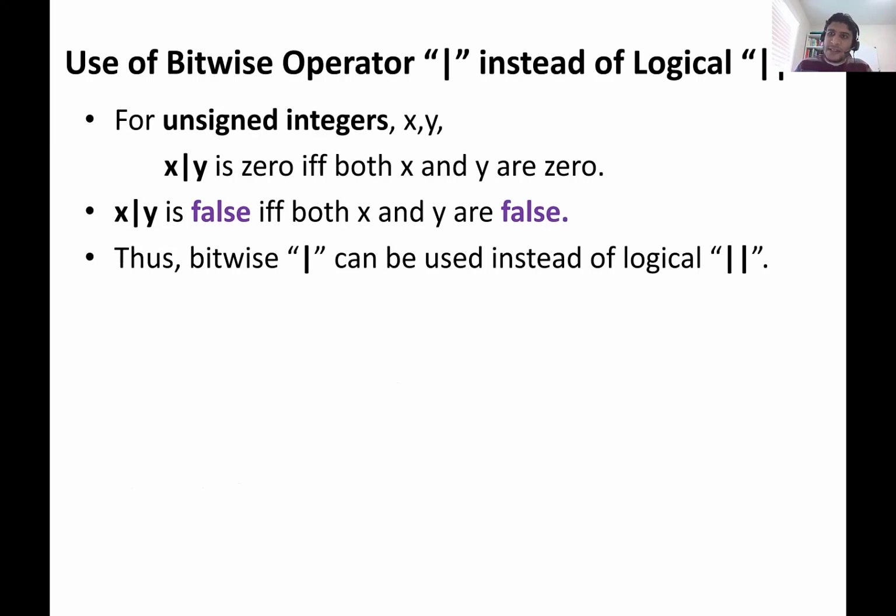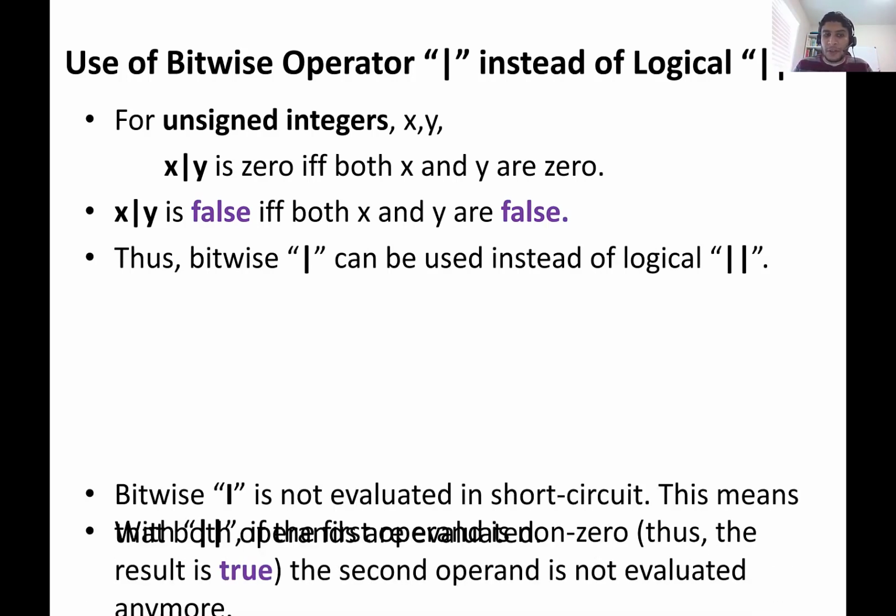Generally, because the bitwise OR only gives you 0 if all the bits are 0, at the end it gives you false. So it can replace the logical operator. On the other hand, the logical cannot replace the bitwise one, because the logical operates at the variable level rather than the bit level, right?